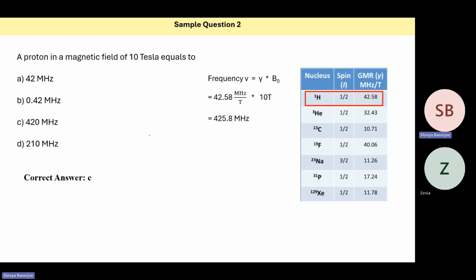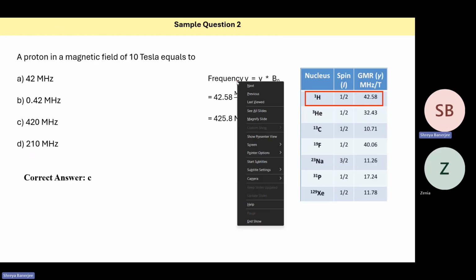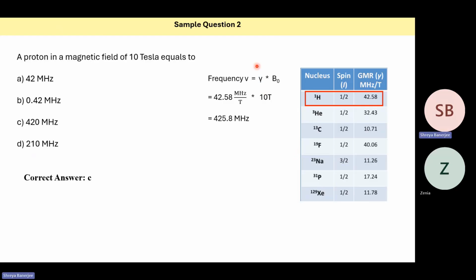So here the formula to remember is that frequency nu is gamma B0. You can memorize the gamma values for the two common nuclei, 1H and 13C. For 1H, it is around 42.58. So you put the value of 42.58, and the unit of gamma is megahertz by Tesla, into B0, the applied magnetic field, which the question is saying is 10 Tesla. That will give you 425.8 megahertz, which is around 420 megahertz.